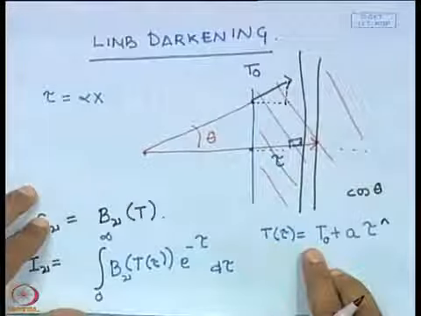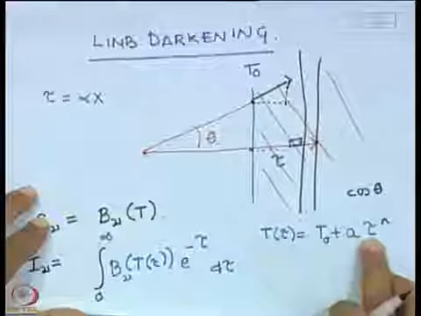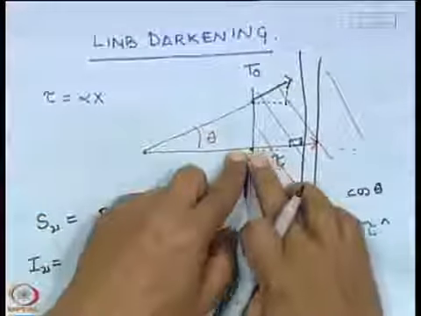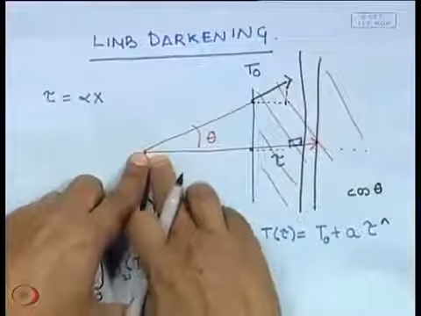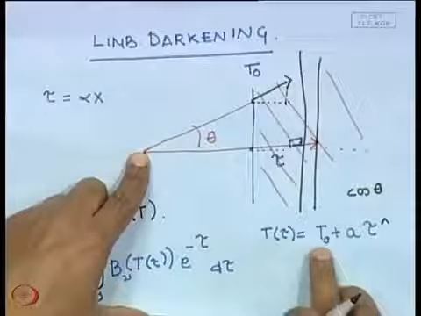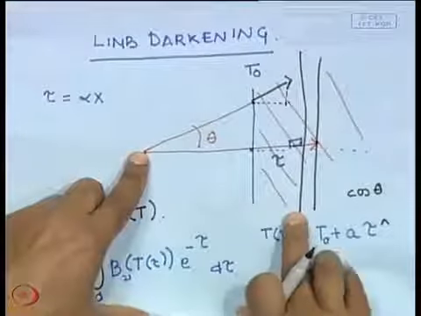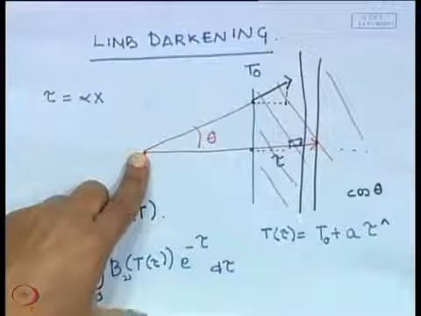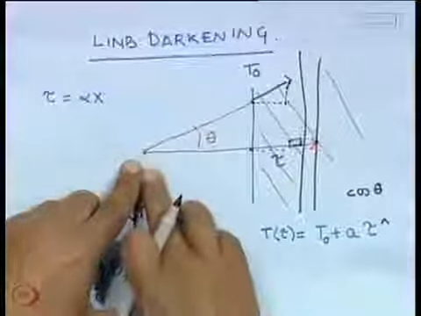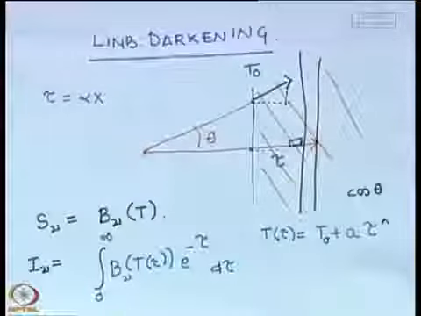The temperature inside is T0 plus A tau cos theta. As you go inside the medium, the optical depth increases, and the temperature of the radiation that you will see here is essentially the temperature at the place where the optical depth becomes unity. So, when you observe the radiation from the sun, we are observing the radiation essentially from the part of the sun's atmosphere where the optical depth is of the order unity.